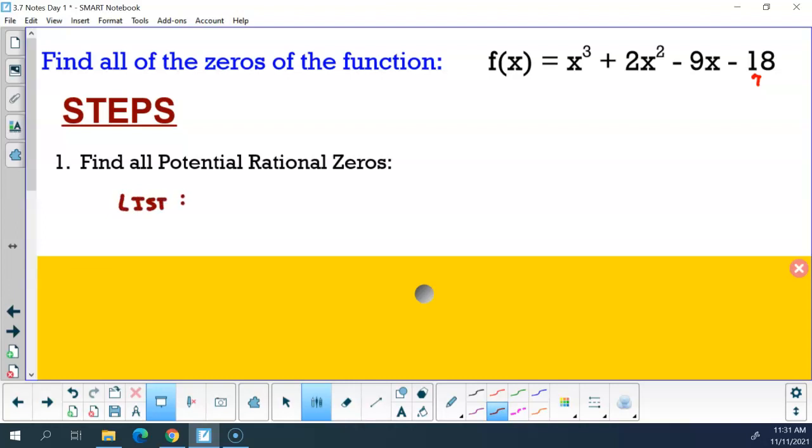So plus or minus 1, 2, 3, 6, 9, and 18. So that's our list, because our lead coefficient was 1, so we were just going to be dividing by 1 anyways.